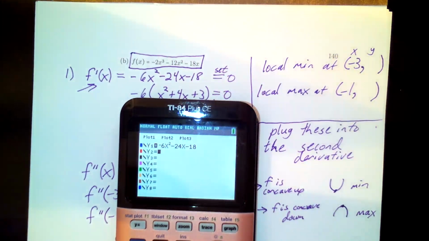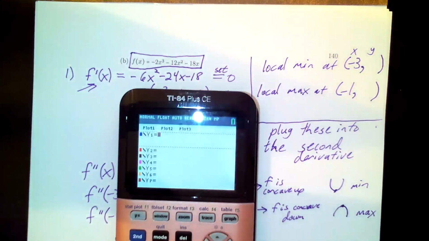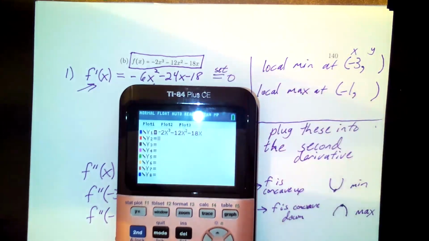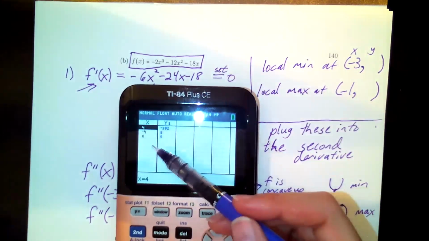The original function gives me y values, so be careful on that. Negative 2x cubed minus 12x squared minus 18x. We're plugging these into the original function so that I can get y values out. Be careful.